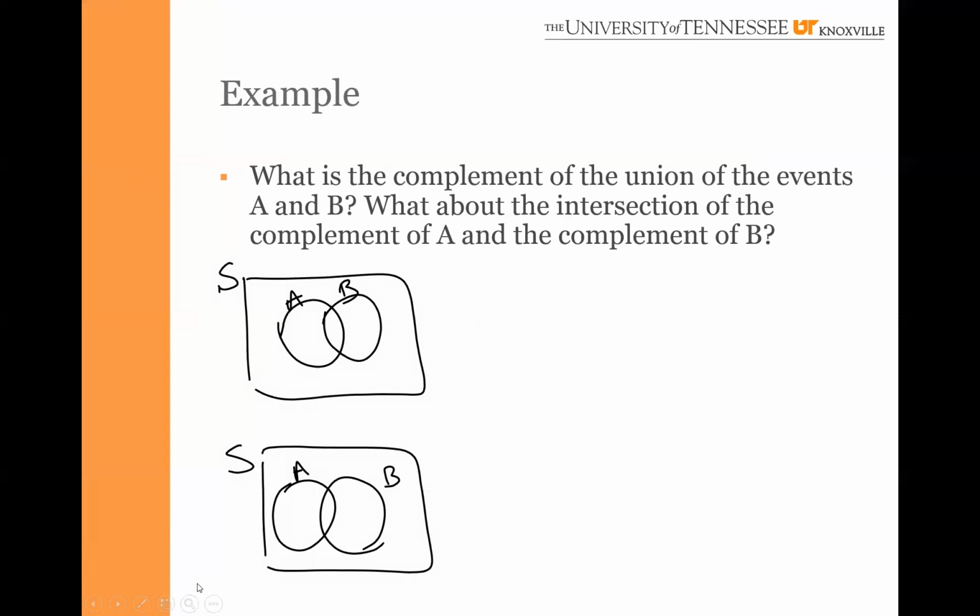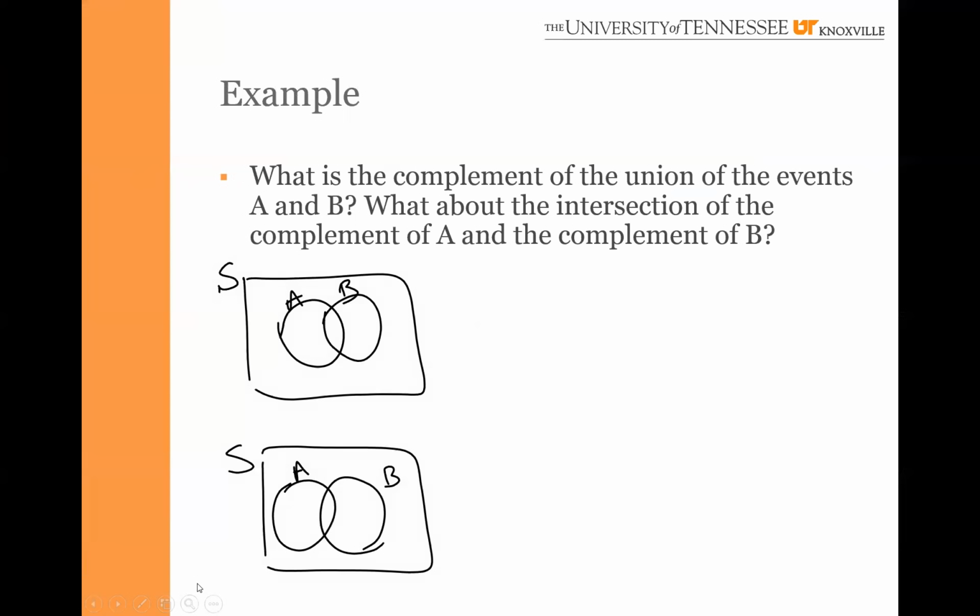Okay, the first one. Complement of the union of the two events. Where should I shade? You know what complement means, right? It's A prime, right? Complement of the union of A and B. Where should I shade? What was it? Everything but the middle.